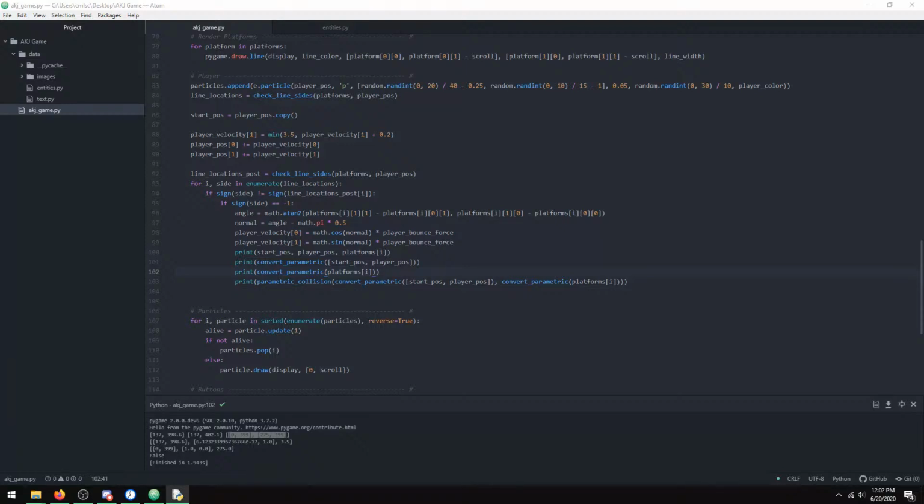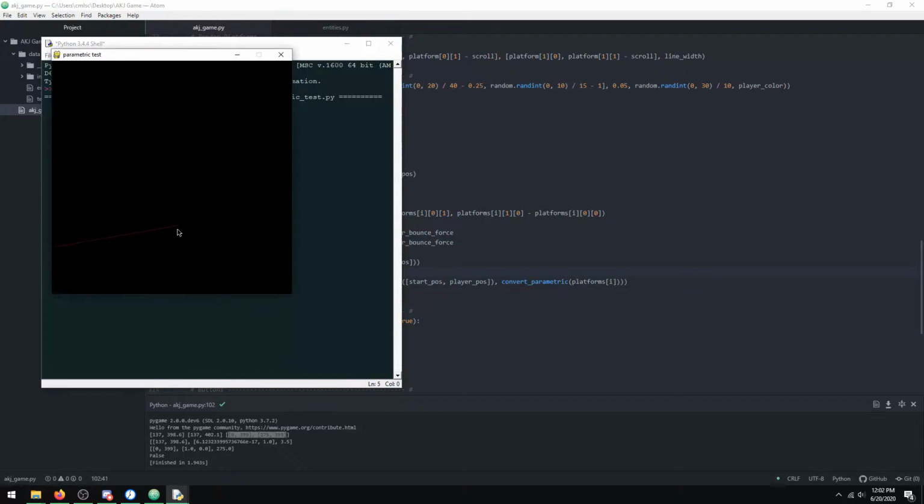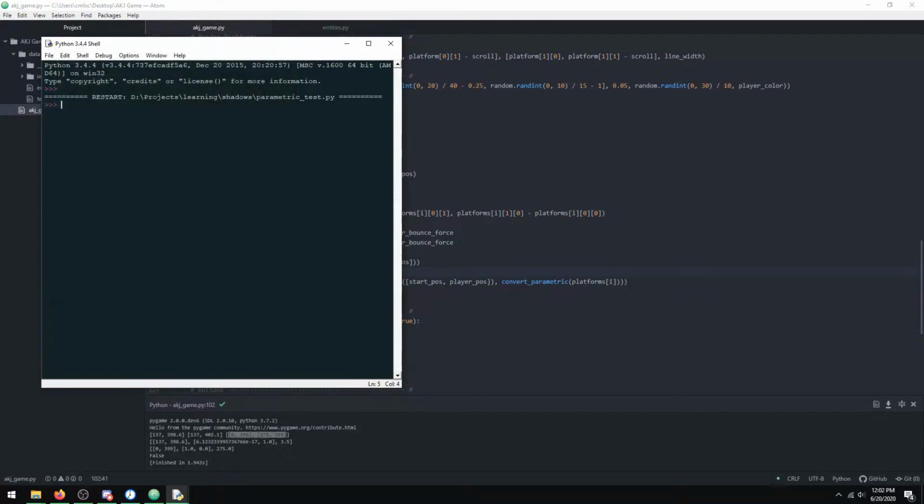What am I trying to solve? I'm trying to do line collisions for physics. At no point does it think it crosses that line. What? What? Let's try line 0.